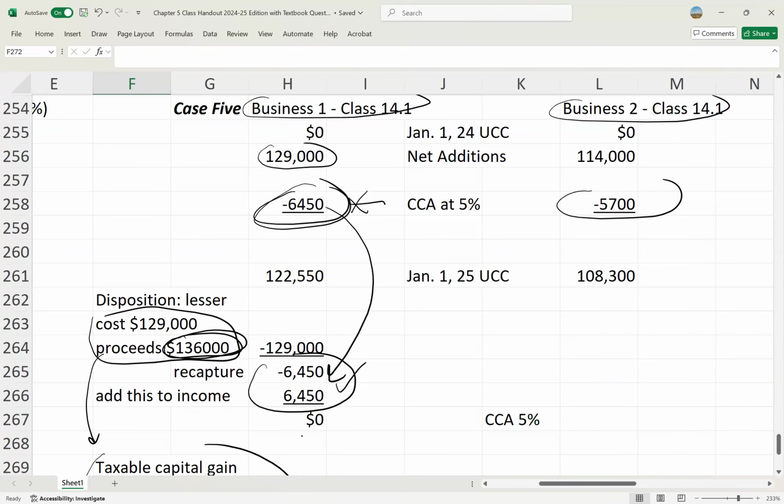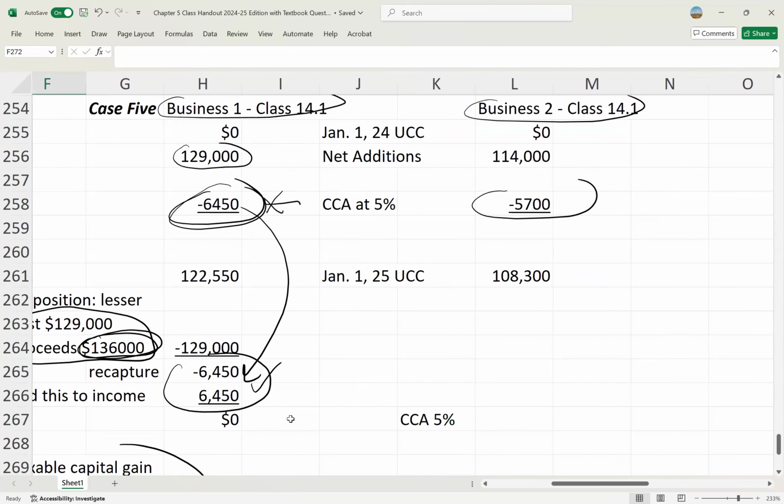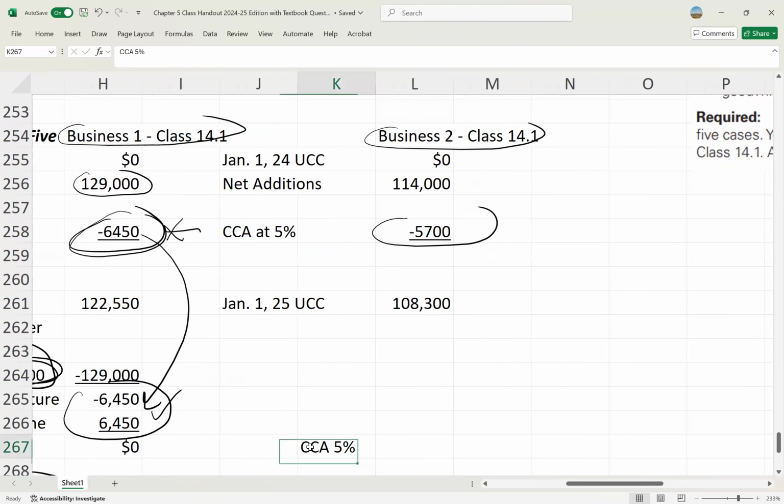Now for business two for 2025, this is still operating. So we just continue taking CCA at 5%. And so 5,415.